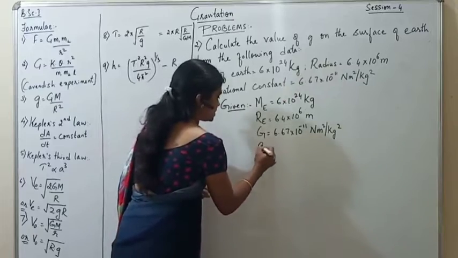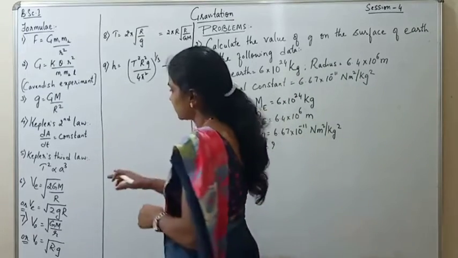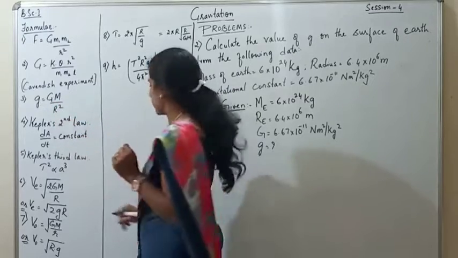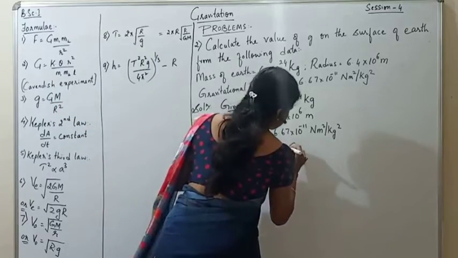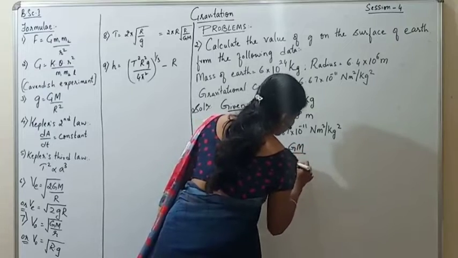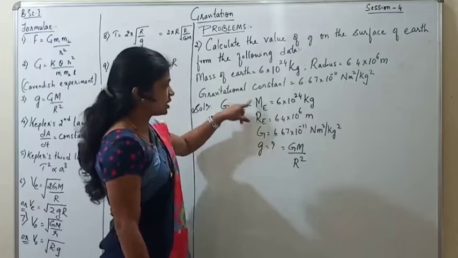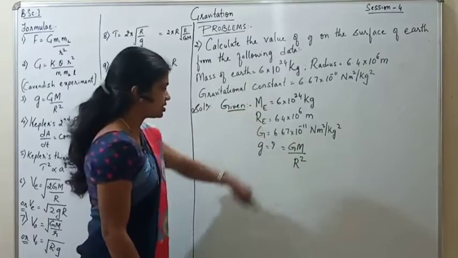So g is asked. So what is the formula? g is equal to GM upon R square. So we'll put that here. It is GM upon R square. So G is given, M is given, R is given. Substitute.